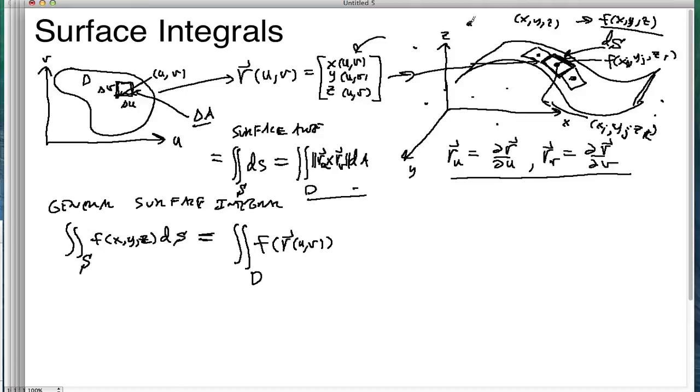So we don't care about points out here. The function values of points that are away from the surface are of no concern to us. We just want to integrate this three-dimensional function on a two-dimensional surface embedded in 3 dimensions. And so again, we take our RU cross RV, take the norm of that, dA. All right, so that's what we call our general surface integral.